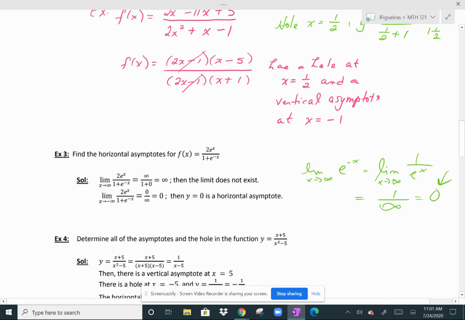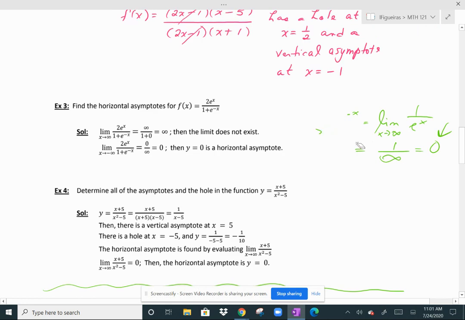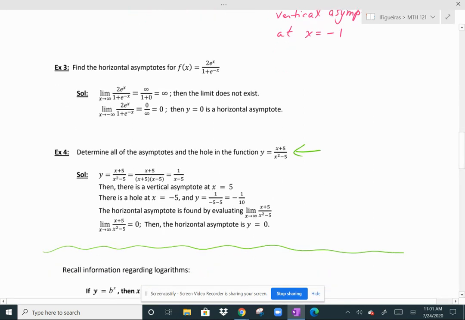All right, so let's find all of the asymptotes and possible holes in this next rational function, which is y equals x plus 5 over x squared minus 5. Let's see what this looks like when I factor this completely. When I factor the denominator, you can see that I have a common factor of x plus 5.